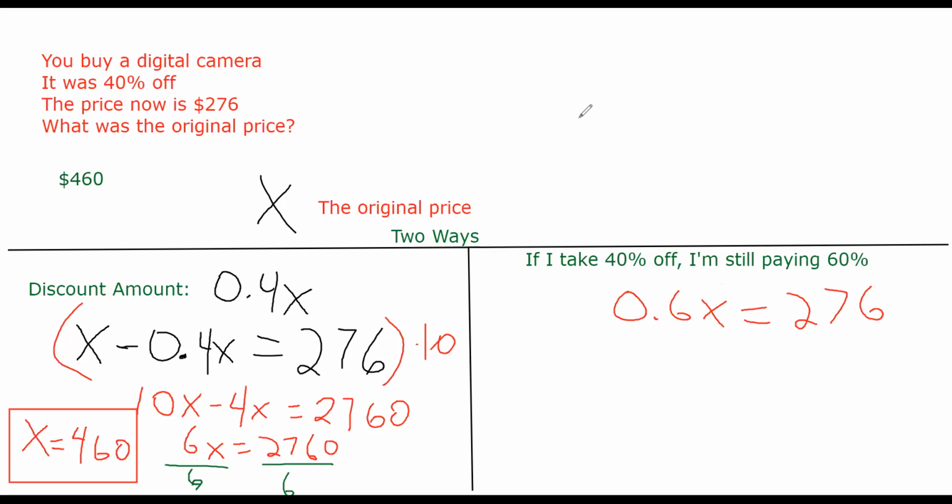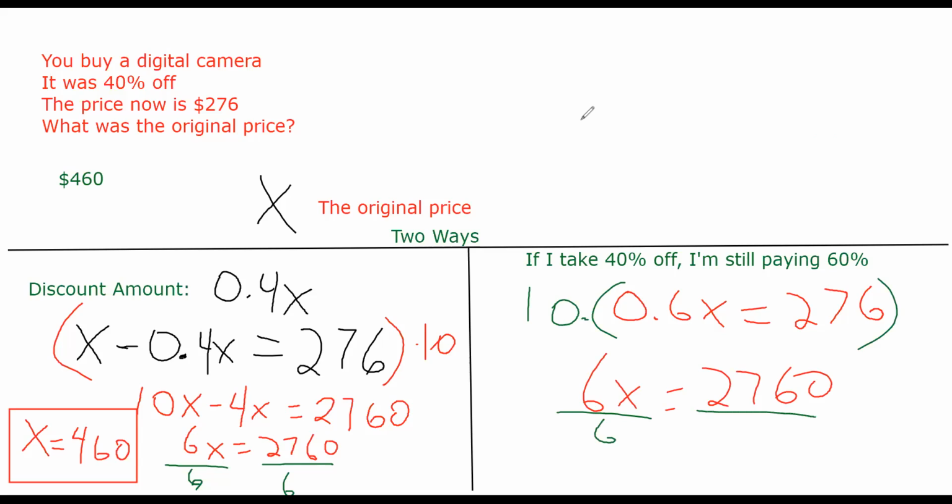I would still multiply everything by 10. And look at that. You'll still get the equation 6x equals 2,760, which is just what we solved a second ago over here. So of course it comes out exactly the same because it is exactly the same. And you're going to get the 460 we already got.